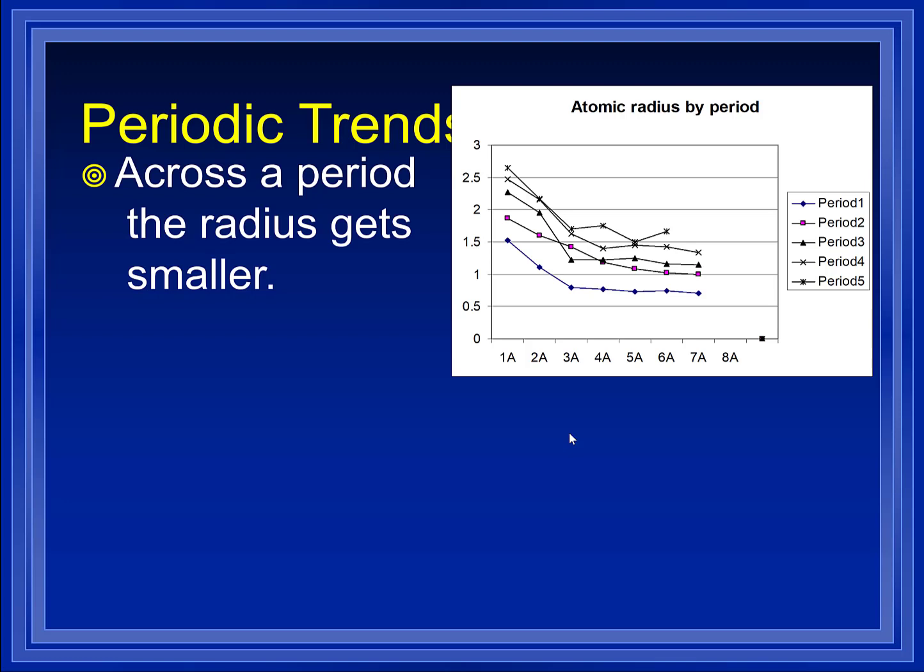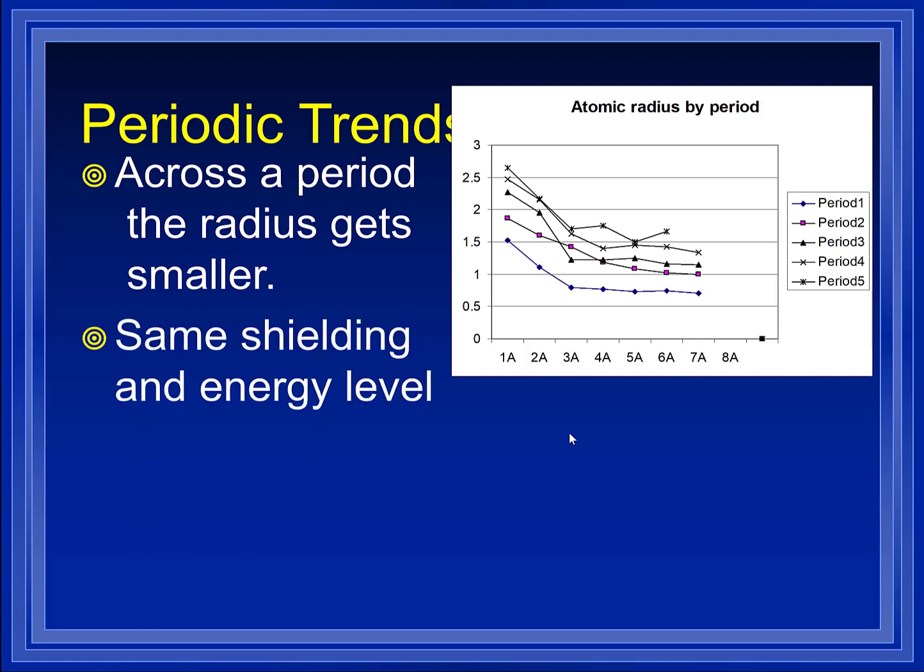Right? So, well, you've got 3 times as much charge. Should be able to pull it in better because they're all in the second energy level. 10 protons is going to pull in that energy level better than 3 protons.